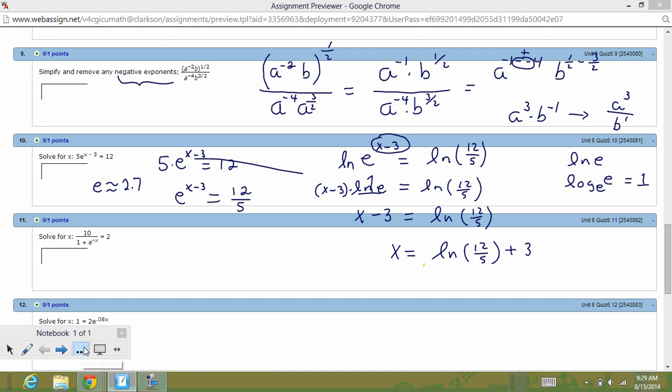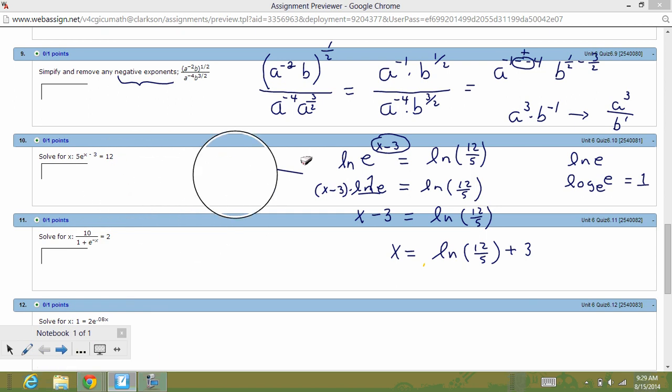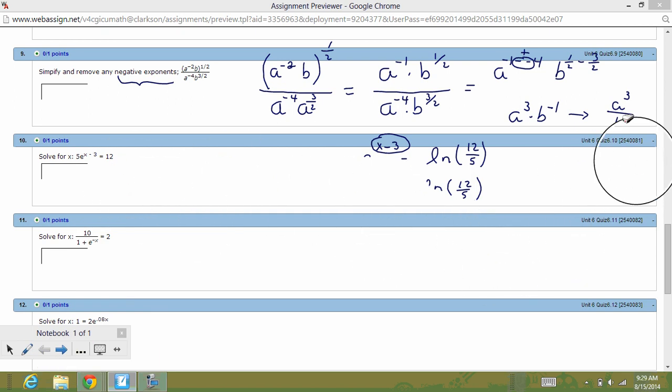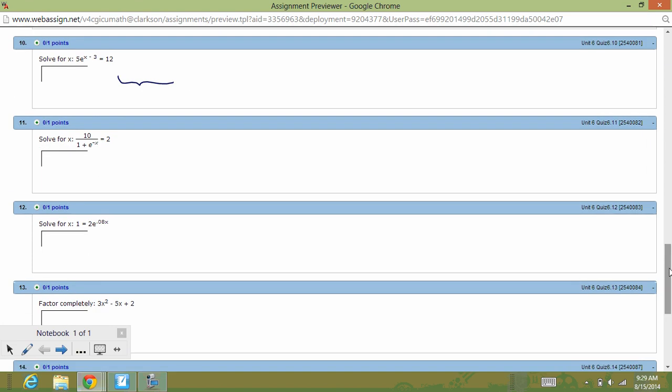And we'll clean this up just a little bit. Get out our eraser and move on to question 11. And so we'll slide down the page a little bit here.